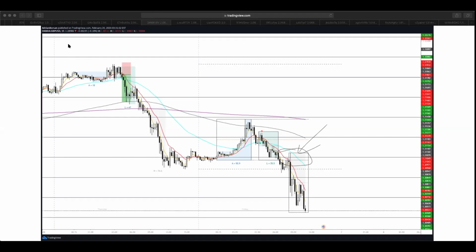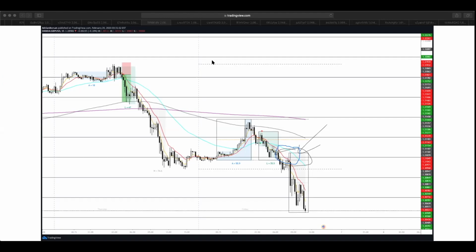So you're talking about right here? Yes, this right here. I'm going to show you. Yes, correct, here. Okay, I see it. When backtesting, I'm seeing this happening all the time.